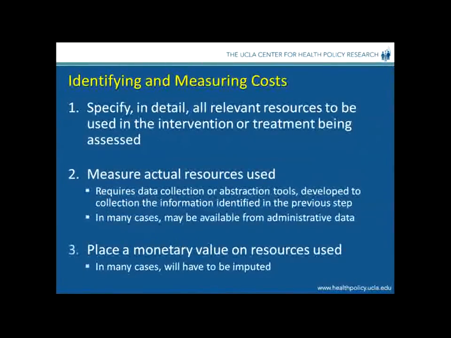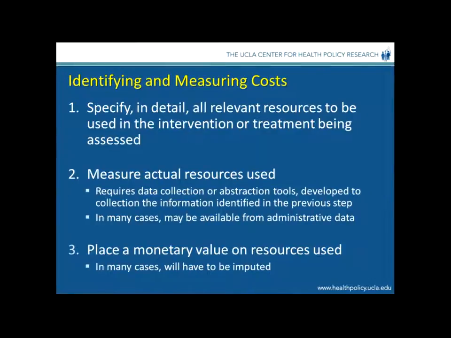Where do we get the data? Sometimes you have to collect it yourself, and sometimes you can get it from administrative sources. If you're collecting it yourself, and you need to do this in either case, you have to specify all of the relevant resources that are being used in the intervention or treatment that you're assessing, and then try to measure the actual resources being used.